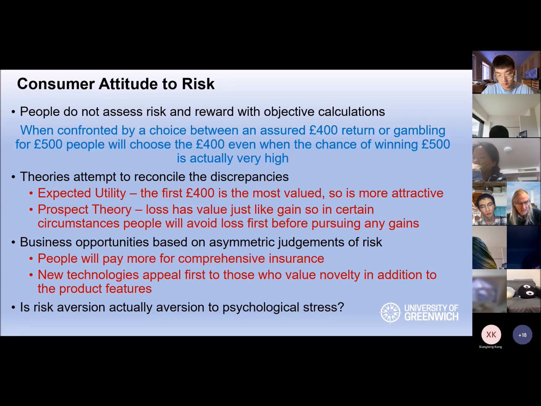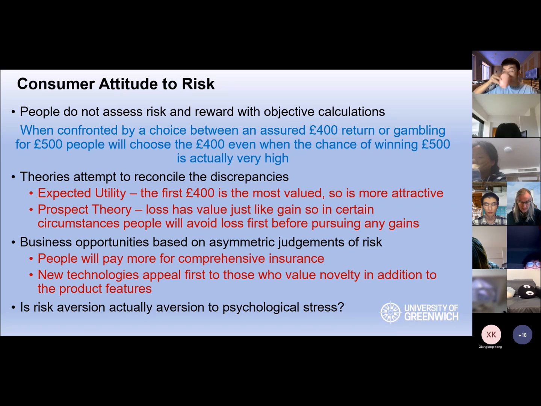A couple of theories here: expected utility and prospect theory, trying to explain why people change the way that they accept risk. Expected utility says that the first money you earn may be the most valuable, and that's the most attractive. That's the one you want to hold on to.